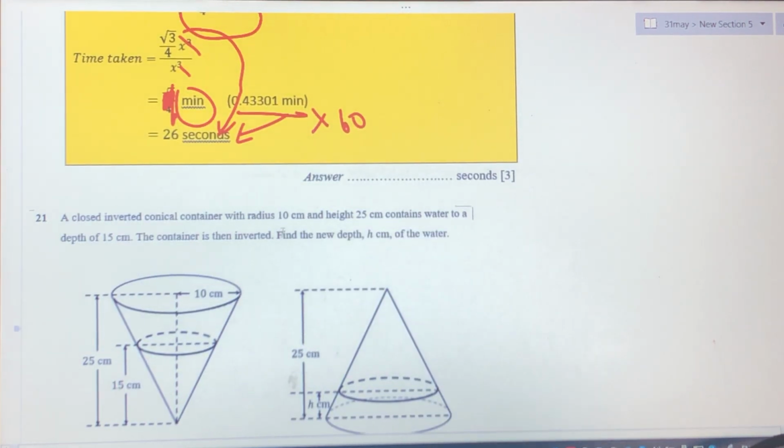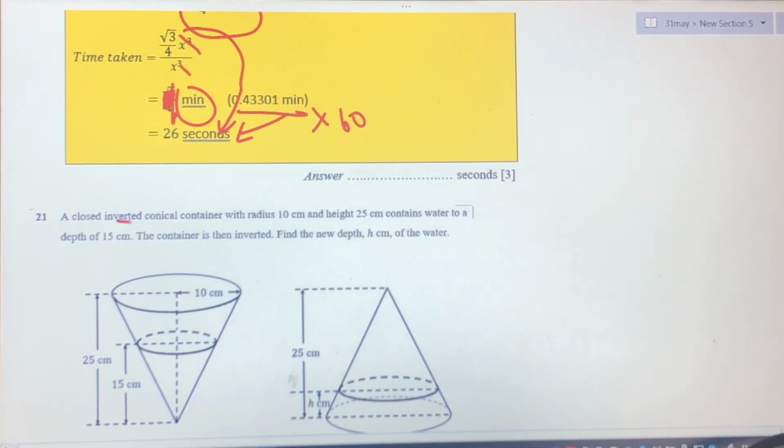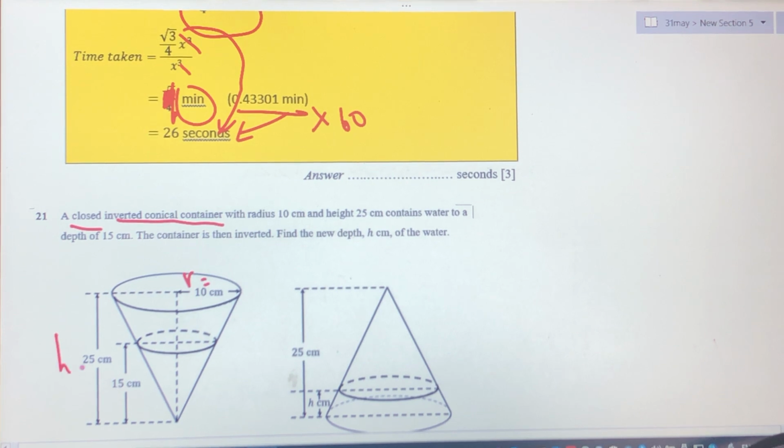So, this closed inverted conical container, this is the radius, this is the height, this is the other height, and it fills to a depth of 15, then it's inverted, and becomes like that.